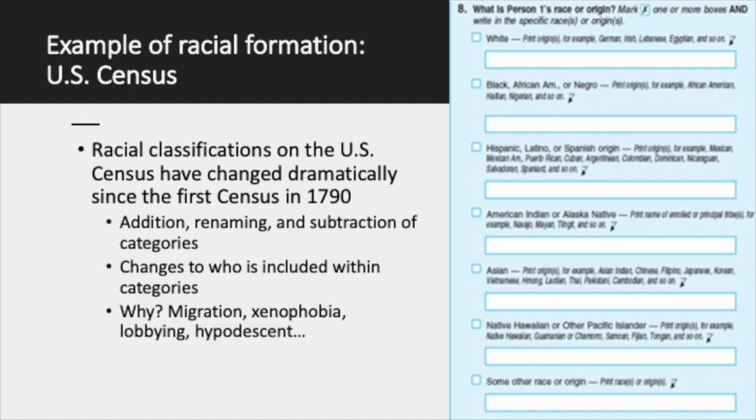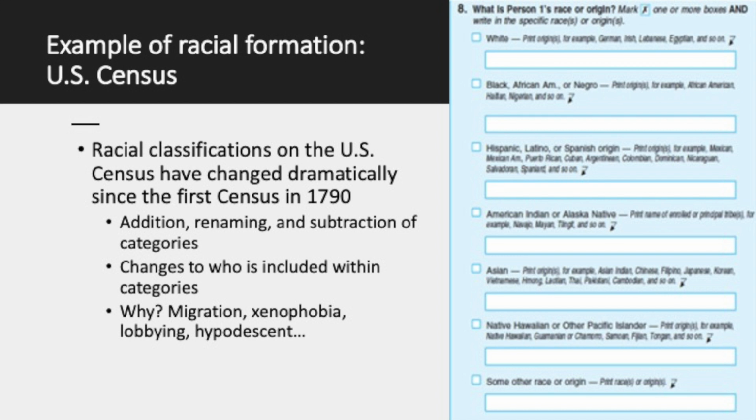And since then, we have seen the addition of many categories, the renaming and restructuring of categories, the subtraction of some categories. We have seen shifting definitions of race, and we've seen changes to who is included in particular racial categories. There are a number of reasons for these changes across time, and it has to do with our politics, our culture, the composition of our country as well.